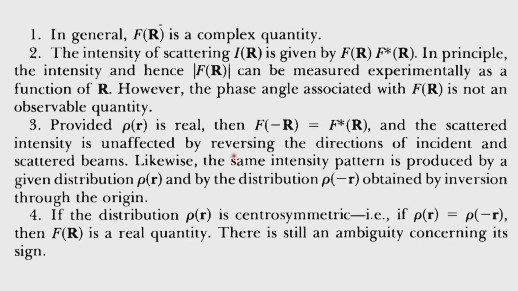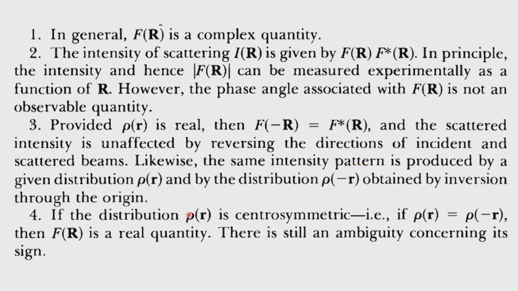That means when you have an inversion center and the electron density is measured, this inversion center will ensure that you get a quantity which is actually a real quantity. So f of r in that situation of a center symmetric positioning of the atoms will become a real quantity.